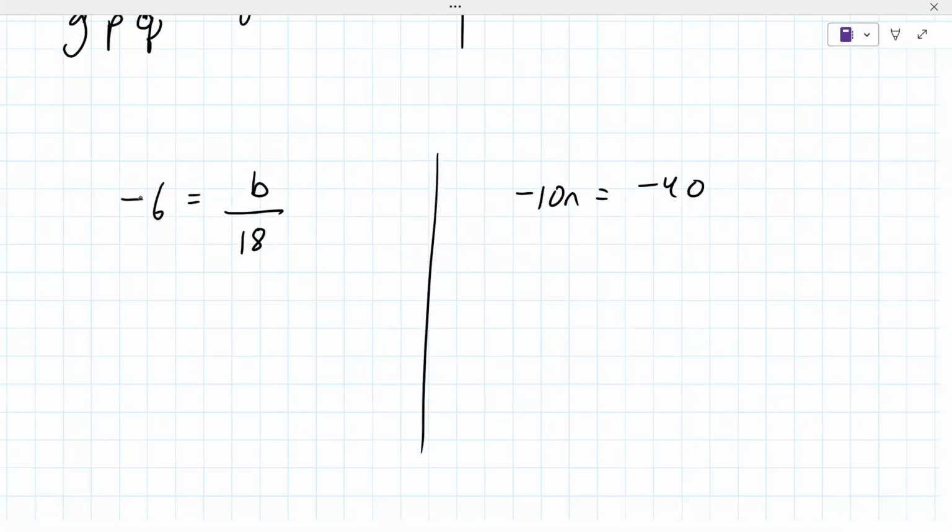All right, go ahead and solve these for me, please. -6 and B, 18. 18.